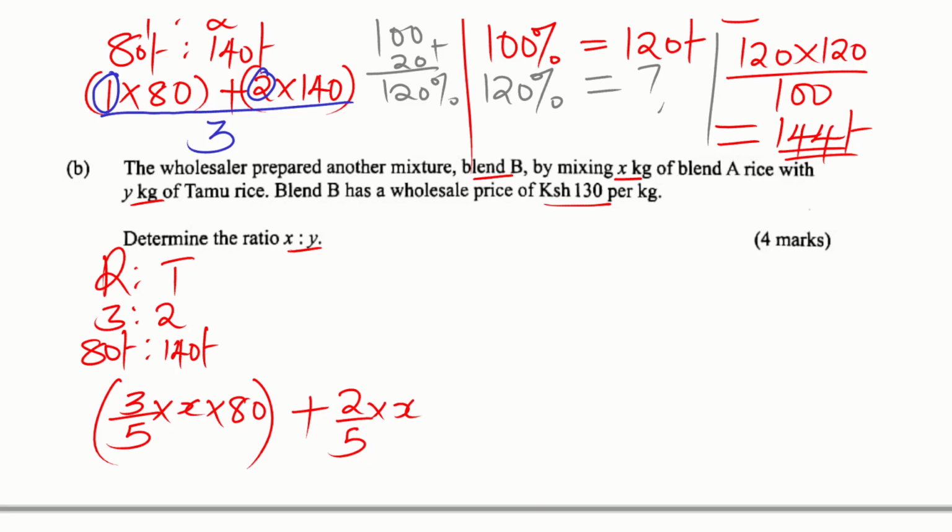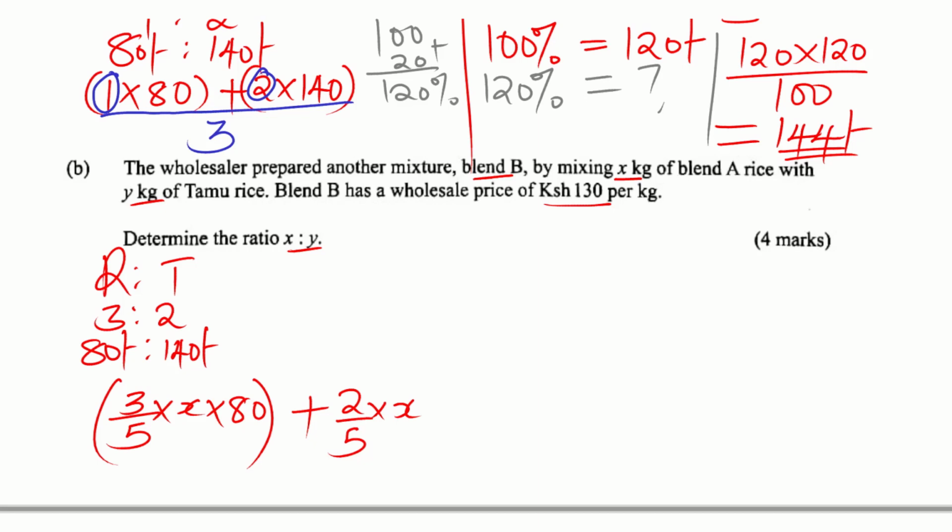So we have to include both. So the first one is 3/5 times X kg of refu rice, times the cost of 1 kg, that is 80, plus 2/5 times X kg, that is for tamu.